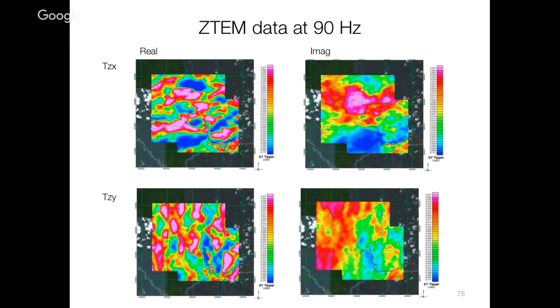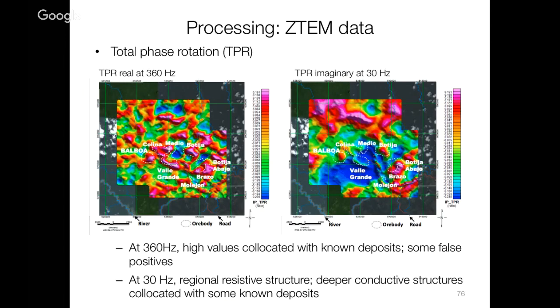ZTEM, so here's the real and the imaginary at 90 hertz, and that's TZX, and this is TZY. So again, four different maps. For the ZTEM data, exactly like we had talked about before, if you have a wire with a current going through it, then the vertical magnetic field would be positive on this side and negative on this side, so it sort of does an inflection.